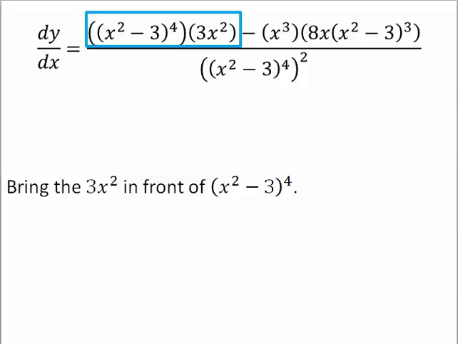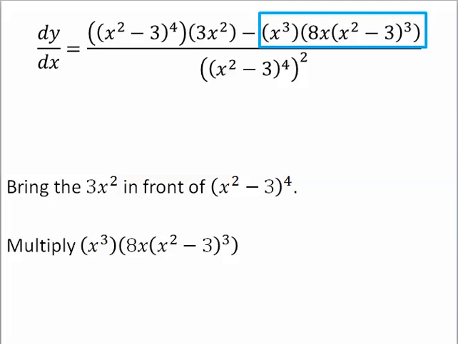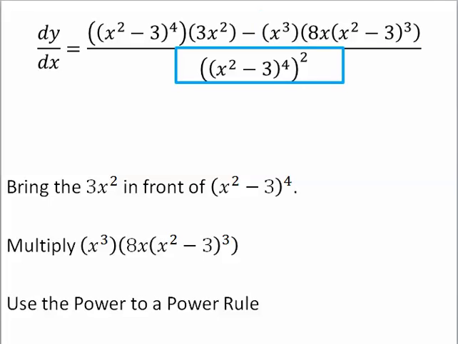We're going to bring the 3x squared out in front of the factor it's being multiplied with. Then, after the subtraction, there's a good amount of multiplying to do there. We're going to multiply that. And lastly, we're going to use the power to a power rule.